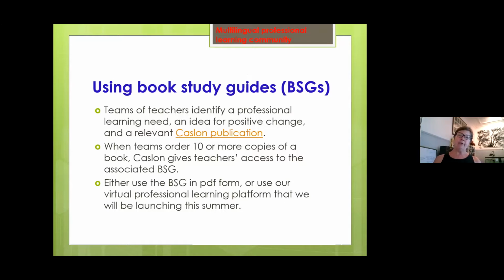And then you can either use the book study guide now in PDF format, and you could just use Zoom, or in August, we're going to launch a virtual professional learning platform for the book study guides that teachers can use remotely. They can use it hybrid, they can also use it face-to-face, whatever way you want. What we're trying to do is be as flexible as the times demand so that you can learn about what you need to learn about to address the needs of the learners in your classrooms.